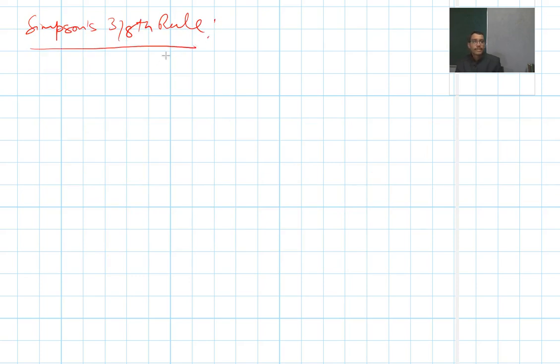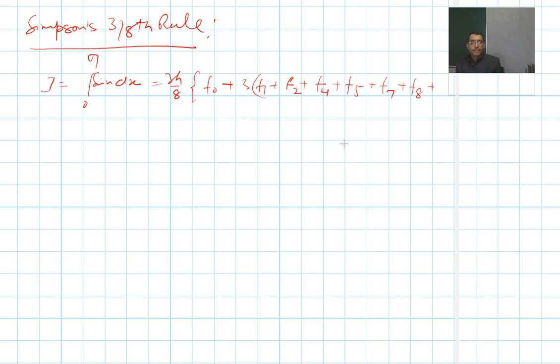So I is equal to the integral from 0 to pi of sin x dx, which is 3h upon 8 times f0 plus 3 times f1, f2, f4, f5, f7, f8, f10, f11, then plus twice of f3 plus f6 plus f9, plus f12.